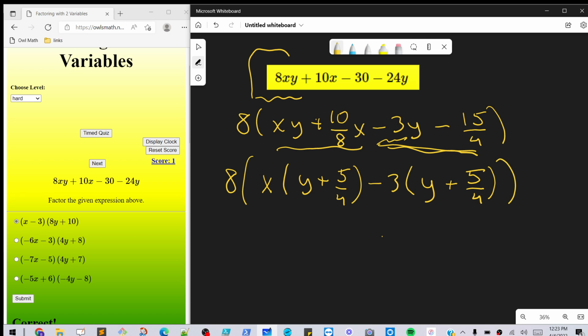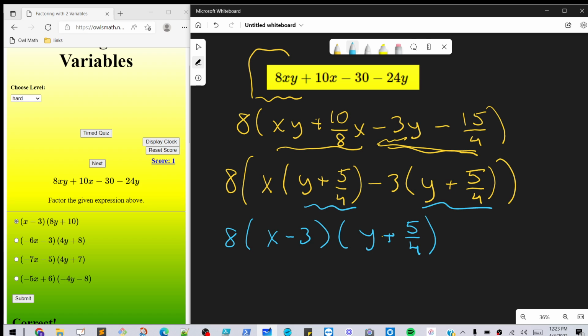And then you'll notice now that we have a common term here, y plus 5/4. So we can factor again, and we can rewrite this as 8 times (x minus 3) times (y plus 5/4).